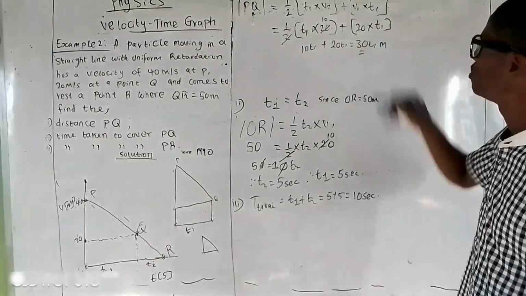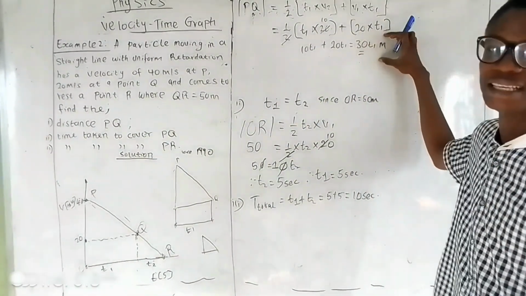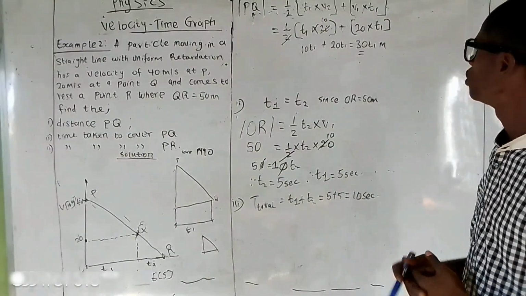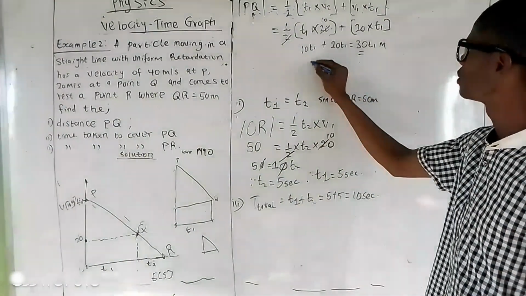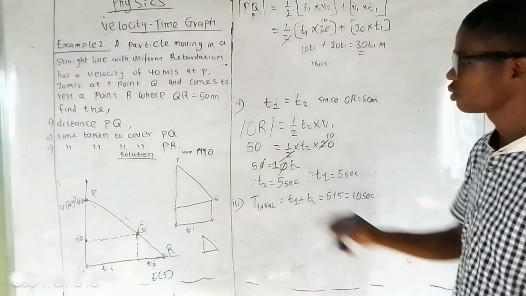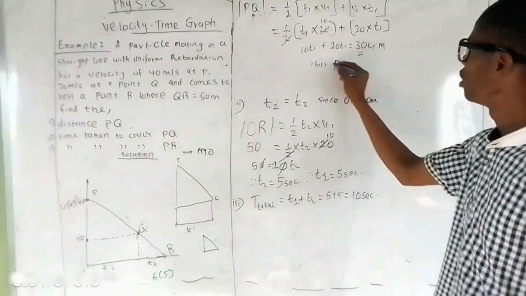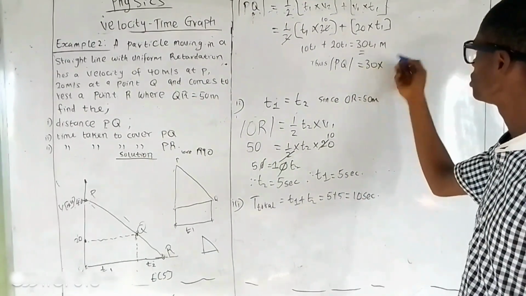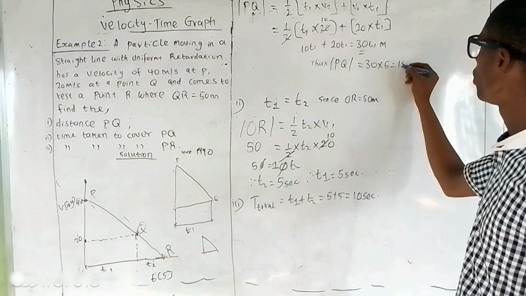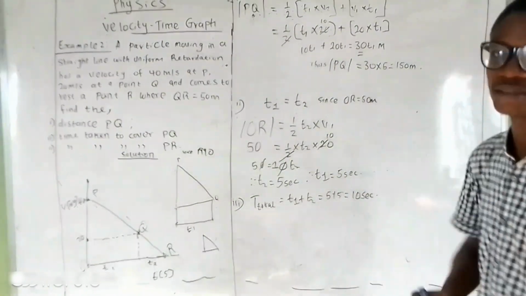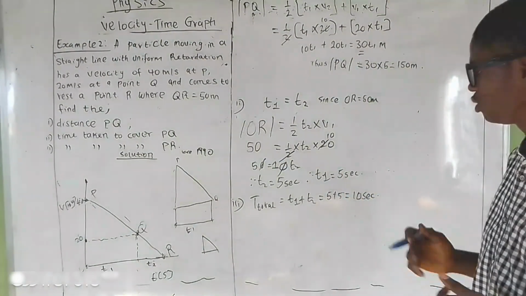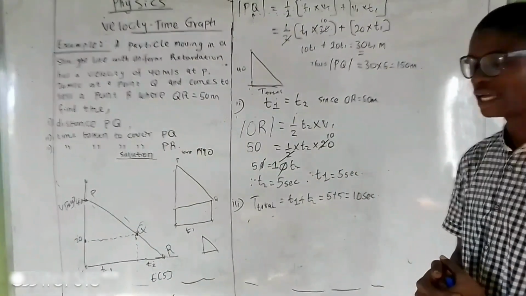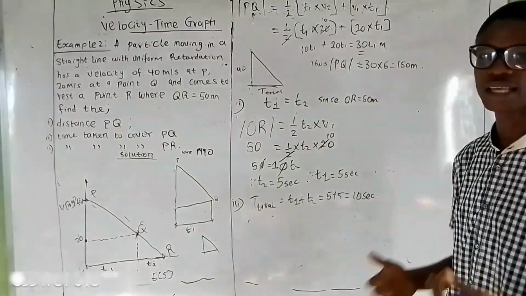But now let's go back to get the answer as a numerical value. Thus distance PQ will be equal to 30 times T1, which is 5, which will give you 150 meters. So this is very easy. So we have our time to be 10 seconds.